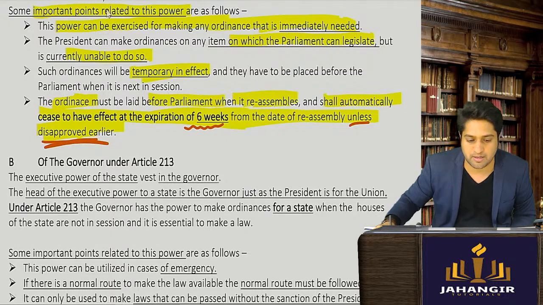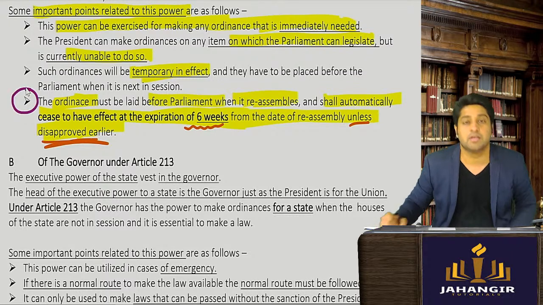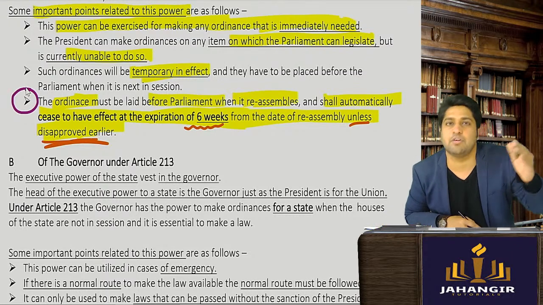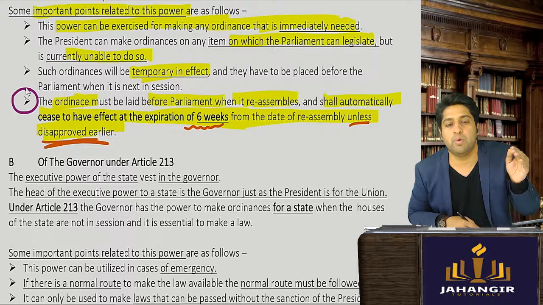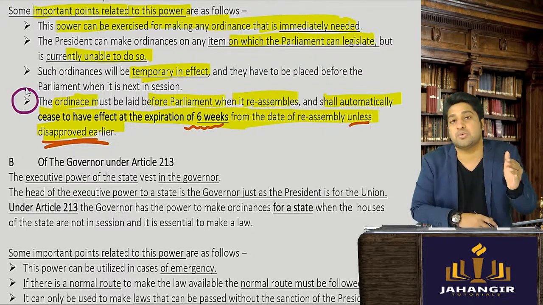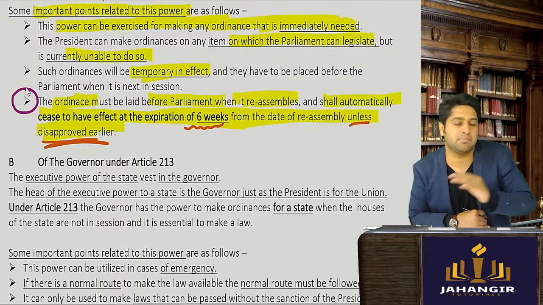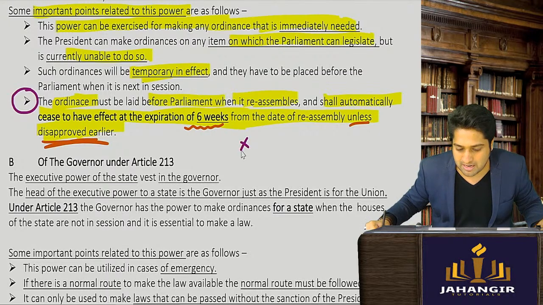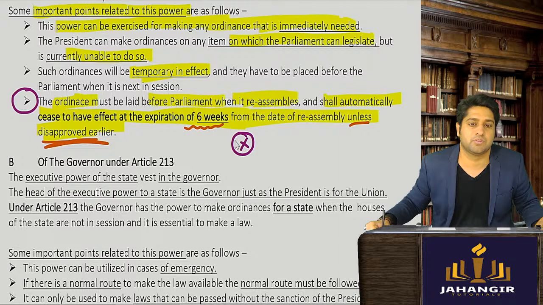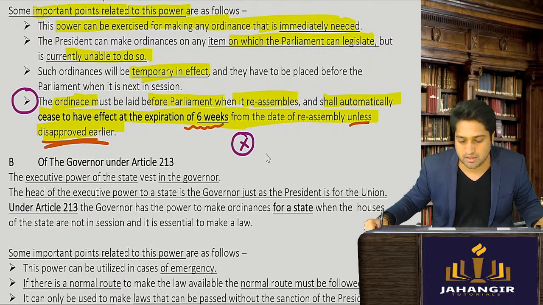Now what does this point mean? The validity of an ordinance will be 6 weeks from the time the Parliament reassembles. For example, there is a Parliament session here, and they will ask, do you want to make this valid?